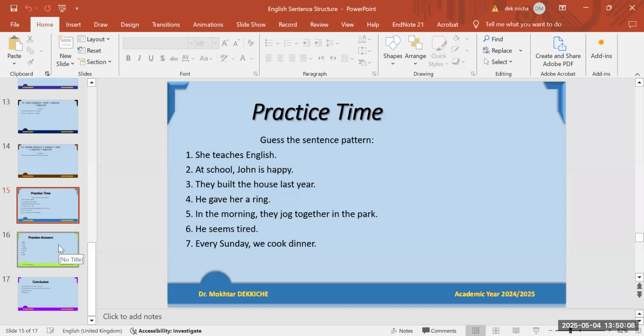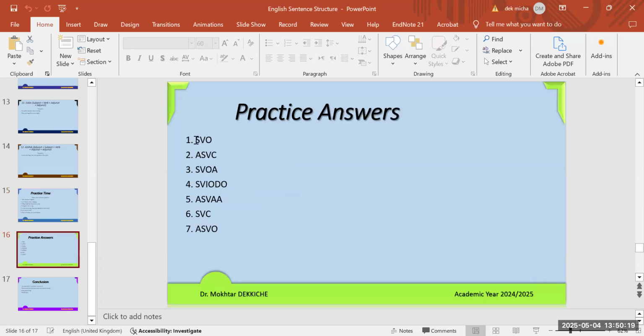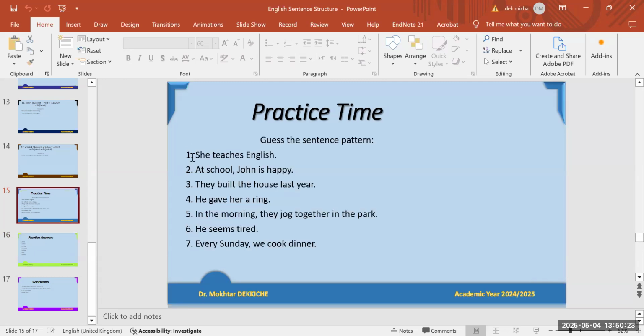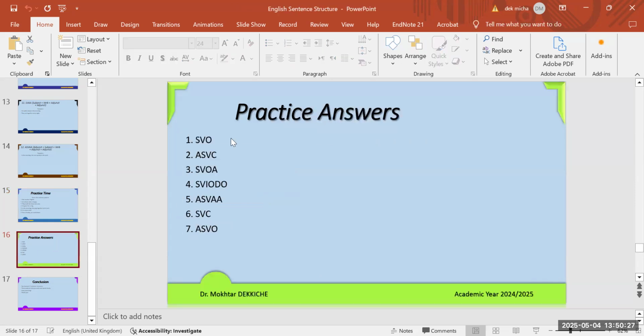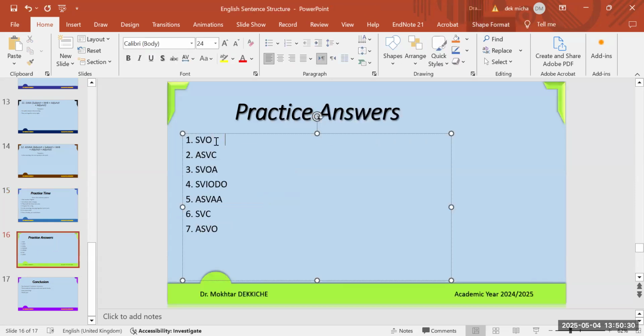Okay, she teaches English. The first sentence, she teaches English, has the following structure.